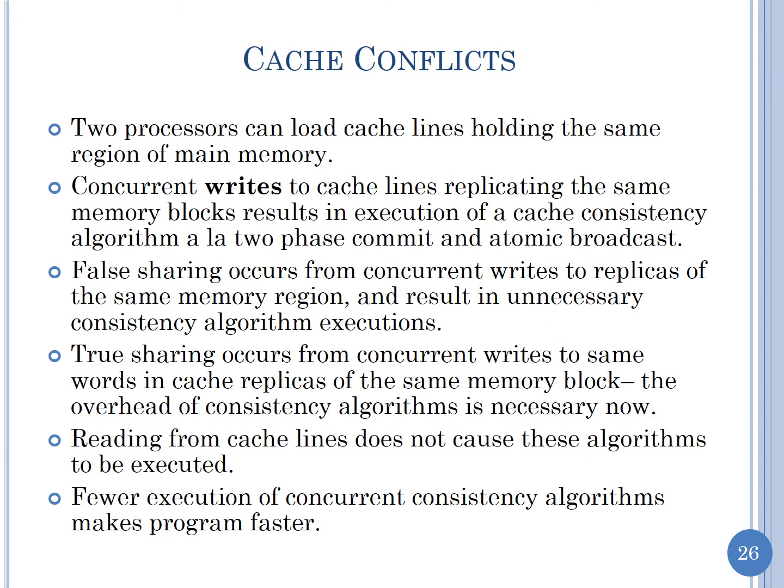And then we talked about cache conflicts. If two processes are trying to write two words that are right next to each other, then you get false sharing, and then you have to run a consistency algorithm, which is costly.